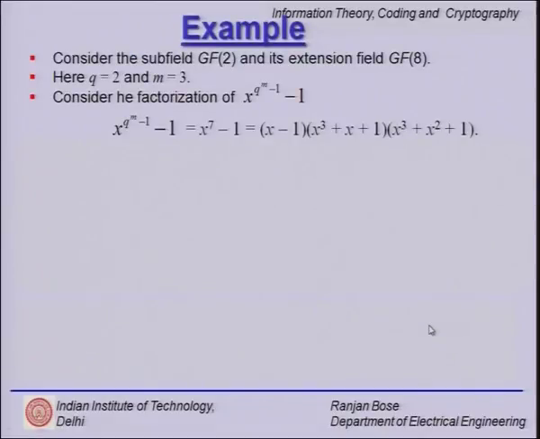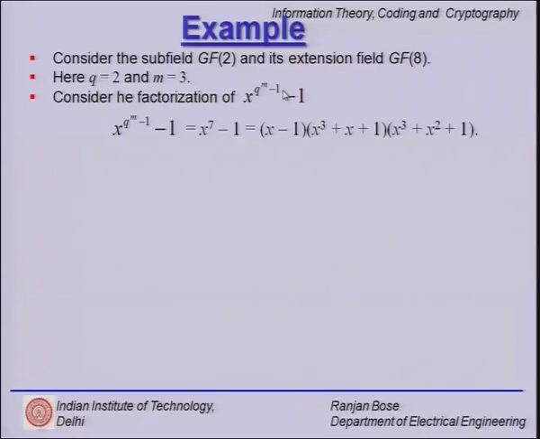Let us look at a quick example. Suppose the subfield is GF(2) and the extension field is 2 raised to the power 3, GF(8). So, consequently, my q is 2 and m, the integer m, is 3. Now, I want to factorize x raised to the power q^m minus 1 minus 1. Please note, this is my primitive block length n equal to q raised to the power m minus 1, but q happens to be 2, m happens to be 3.